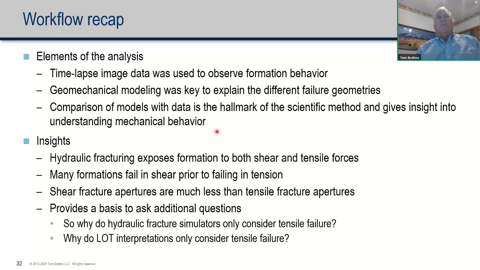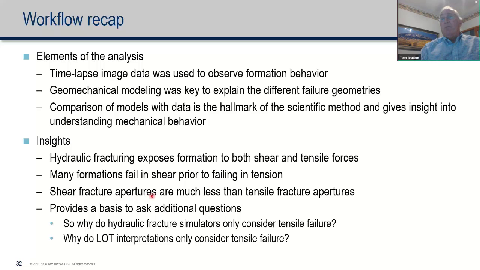So what were the insights? Well, the takeaway for me is hydraulic fracturing, especially in unconventional reservoirs, exposes the formation to both shear and tensile forces. I mean, that's very clear. And many formations fail in shear prior to failing in tension. And we've seen that.